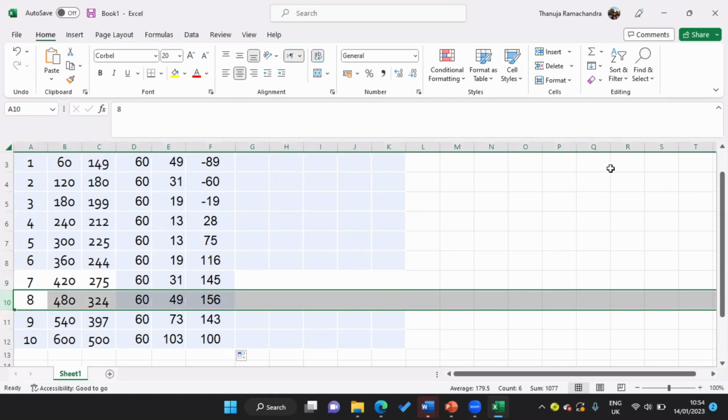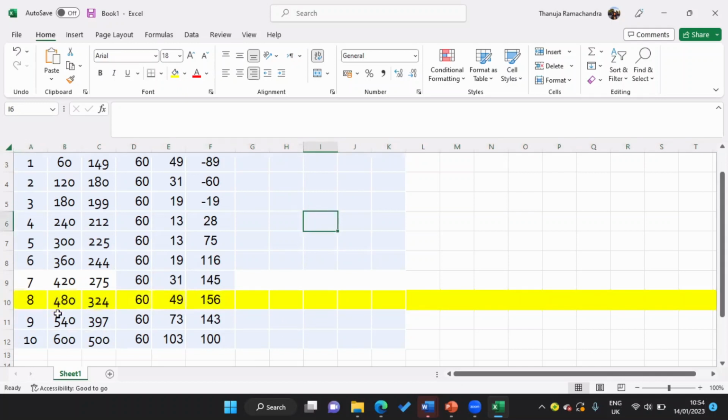Yes, madam, 156. So according to the given figures, it is at the production level of 8. At the 8 level, we can see there is the highest profit, right?